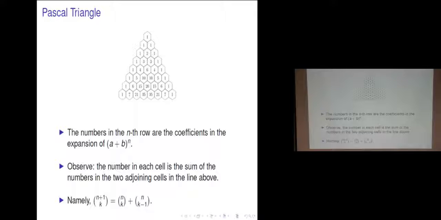Sorry, try again with 35: this is the fourth element in this row. I claim that it is the third element in the row above plus the fourth element in the row above. So we have this observation.